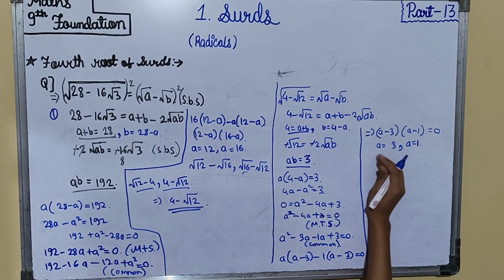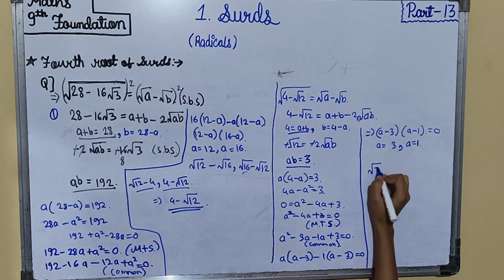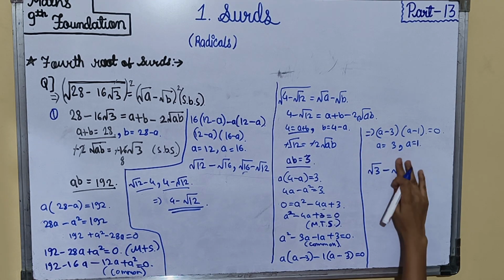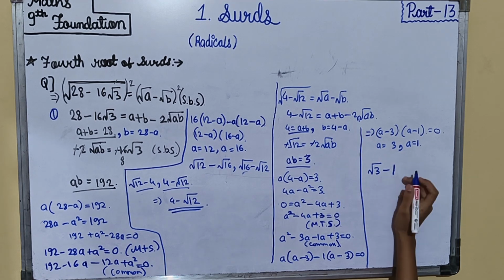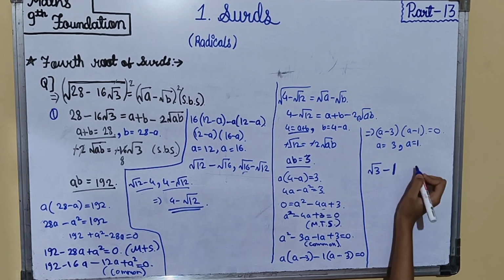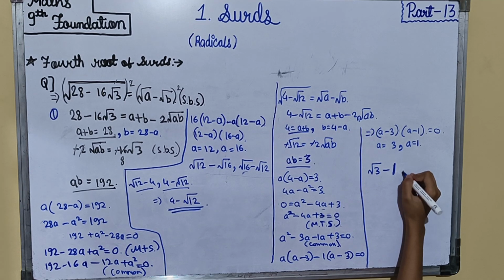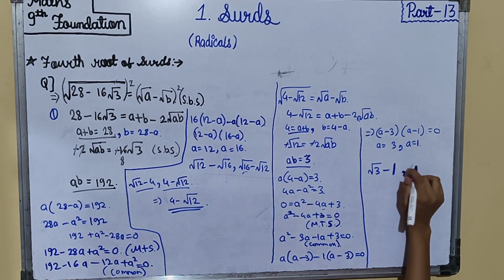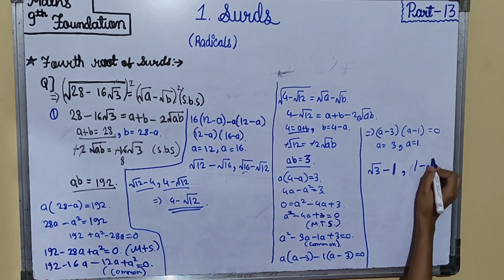So two conditions could be there, root 3 minus root 1. Root 1 we can write as 1 because root 1 is only 1, it's its own square. And also it can be 1 minus root 3.